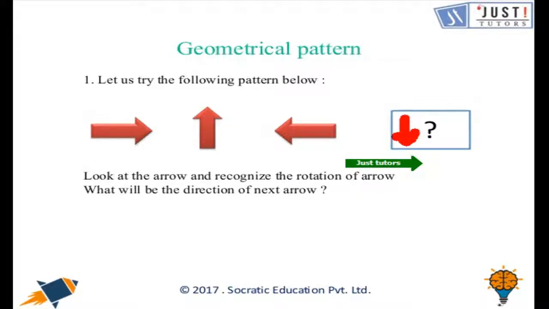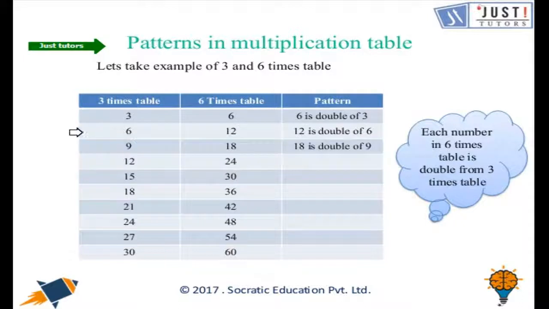Alright, as we have practiced a question on geometrical pattern, let us move ahead and learn patterns in multiplication table. As you can see, we have taken the example of 3 and 6 times table. We have written down the 3 times table and 6 times table also.